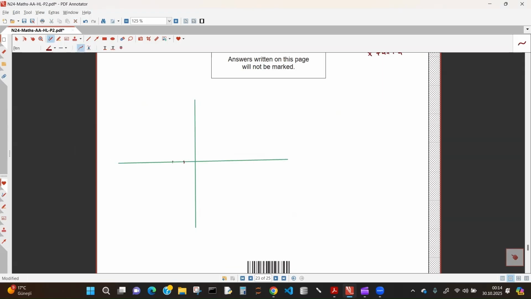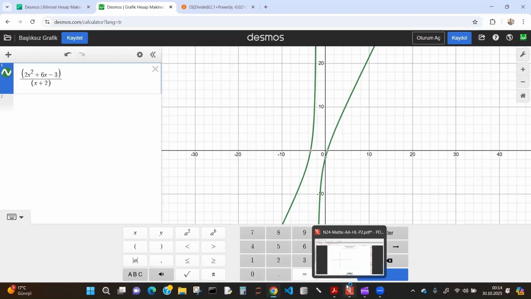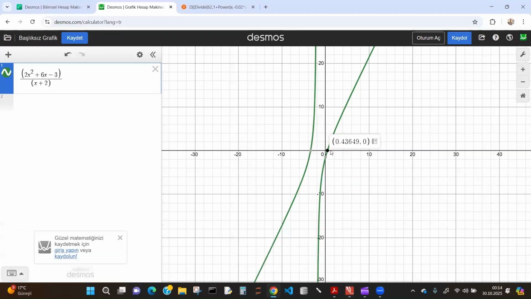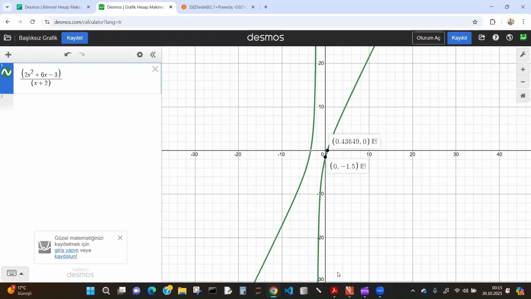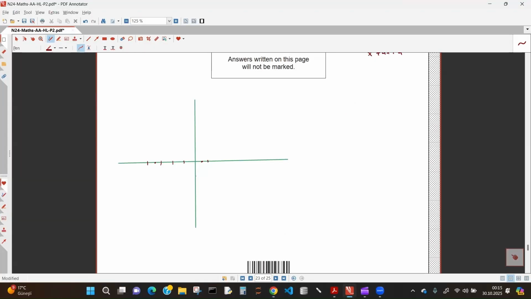It will be somewhere here. And the other x-intercept is 0.40, almost half. And the y-intercept is −1.5, somewhere here.